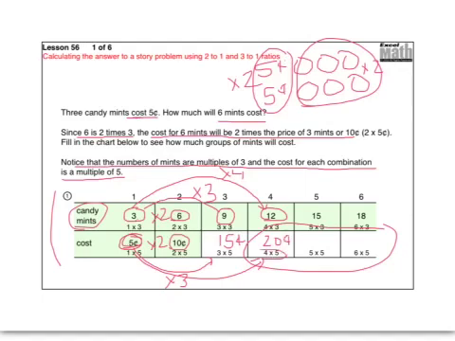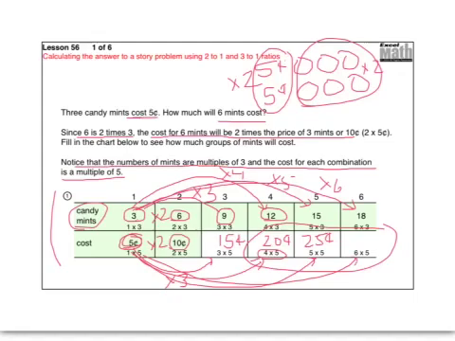And basically, they give you the answer right down here. And then 3 times 5 is 15. So 5 times 5 is 25. And 3 times 6 is 18. So 5 times 6 is 30. 30 cents.